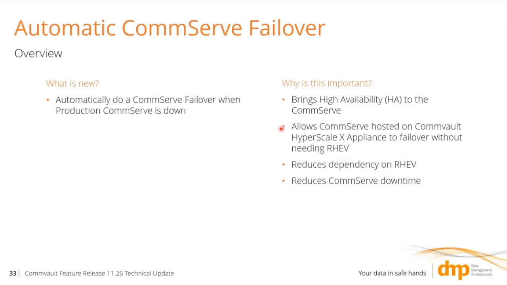So the automatic ComServe failover is based on the ComServe LiveSync. Not sure if everybody knows, but you can configure ComServe LiveSync with one or more standby servers. So you have one production server and you can have one or multiple standby ComServes. And that is basically based on SQL backups and restores. So what you configure is a production ComServe, which has a second instance installed with a SQL agent.